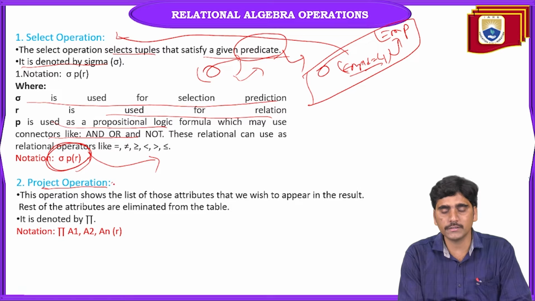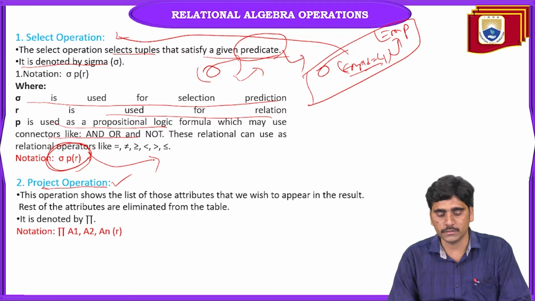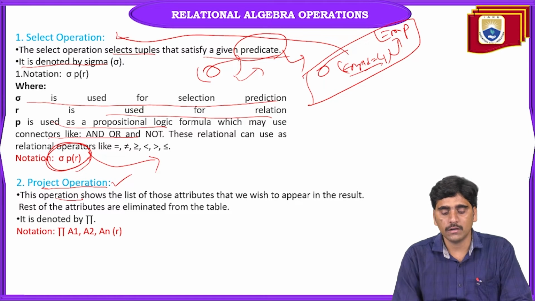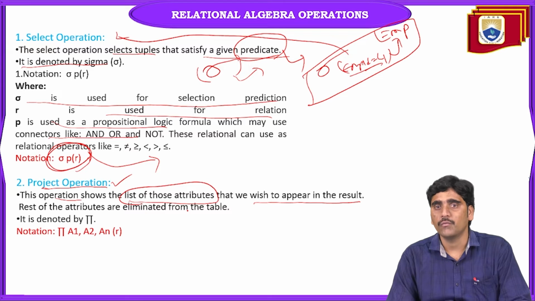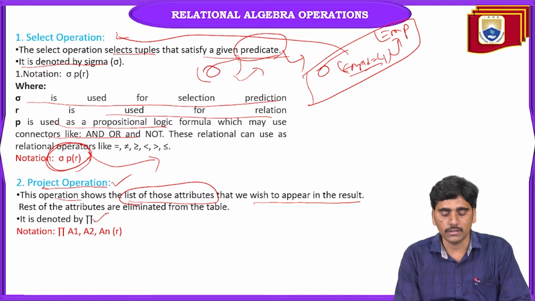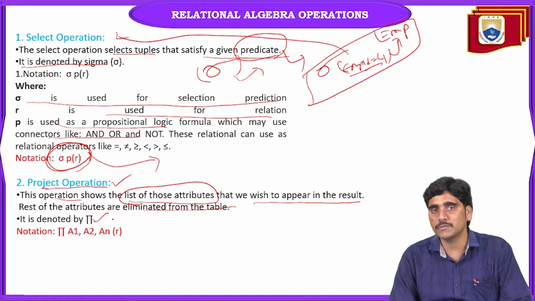Next one is what? Projection operation, or project operation. This operation shows the list of those attributes that we wish to appear in the result. So what are the column names I want to display, all those you need to mention with this symbol. The rest of the attributes are eliminated from the table, and what you want to display you need to mention in the attribute list.